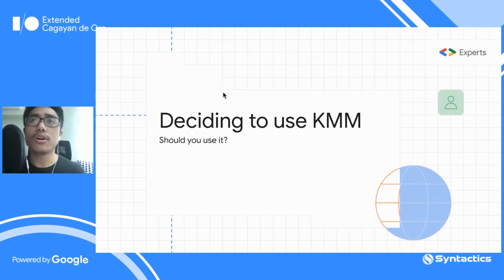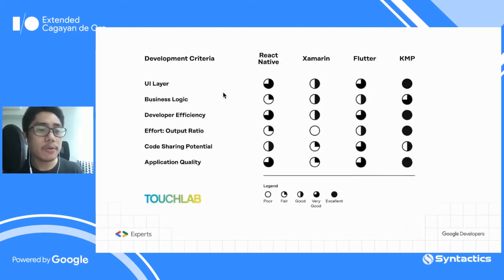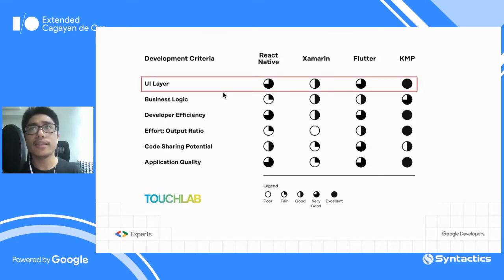Whenever I try to talk about Kotlin Multiplatform, I always try to borrow from TouchLab, which is one of the companies that's kind of leading Kotlin Multiplatform. They made this rubric for themselves that led them to their decision to adopt Kotlin Multiplatform on their projects. They decided that the UI layer wins with Kotlin Multiplatform, which is kind of weird because we're going to write a lot more UI code with it as compared to Flutter and React Native.